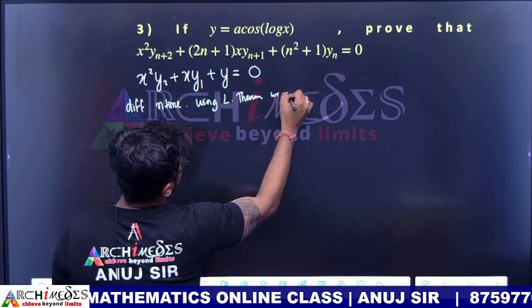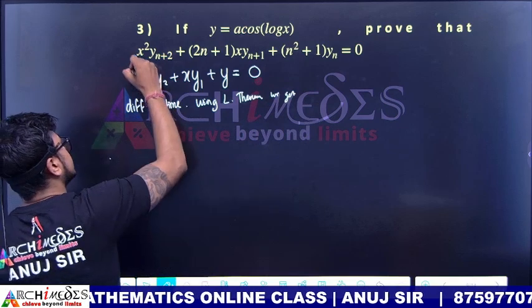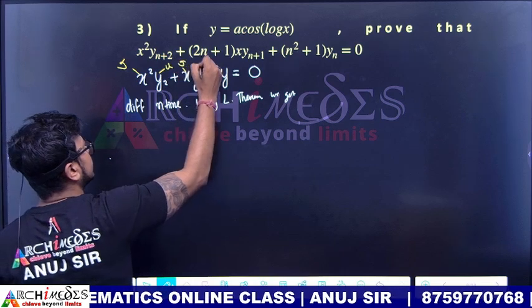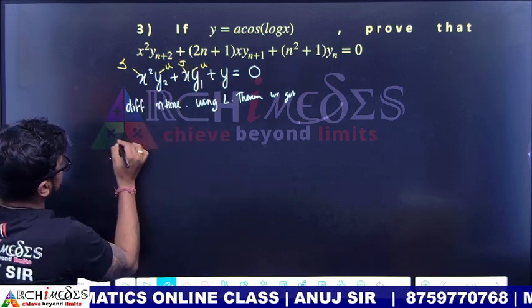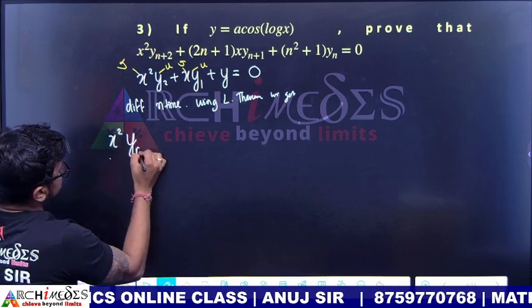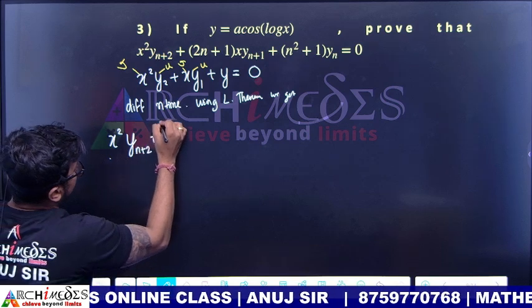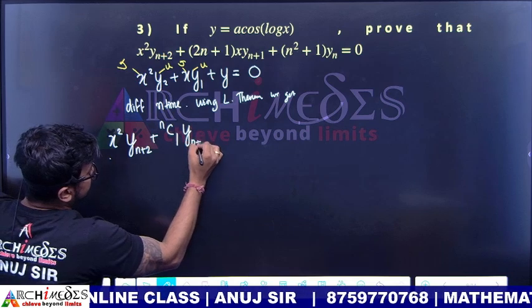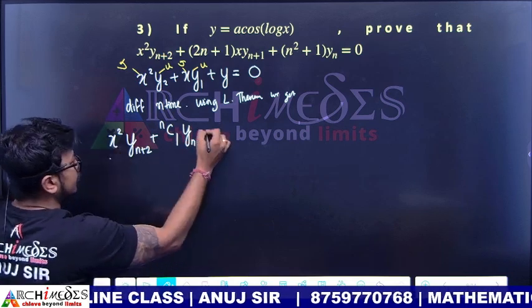We get. So which is u, which is v? This is your v because it will differentiate fast, and this is your u. So look over. v u n plus 2 plus nC1 y suffix will decrease, that is n plus 1 only. If we differentiate x square, it becomes 2x.